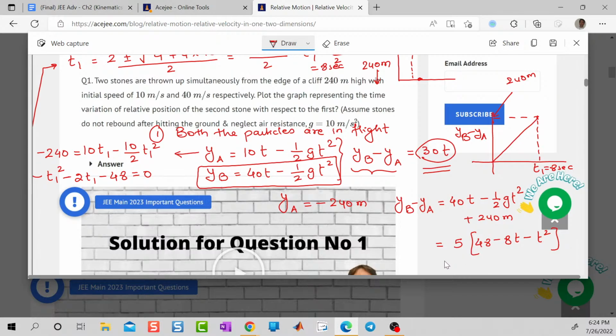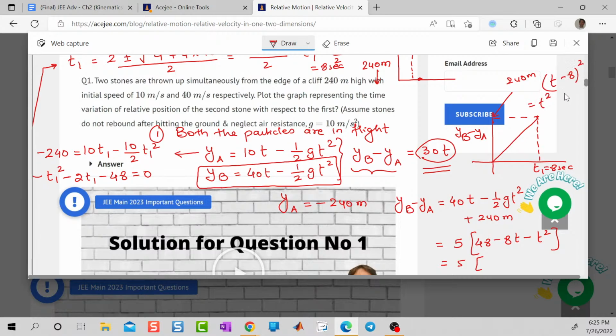And how can I write this equation? Can I write this as t minus 8 something into t minus 8? So we can write this as, what is t minus 8 square?